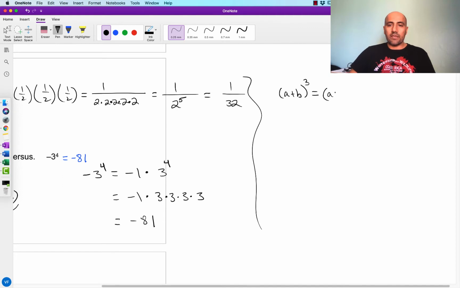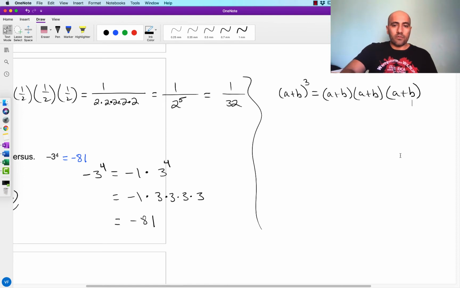So this is a plus b, a plus b, a plus b, right? Right now all I'm pointing out is what this little value up here means, and for the moment, we're only considering the case where it's a positive counting number. Good? Okay, so let's move on.